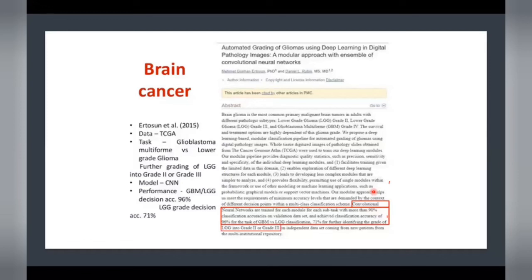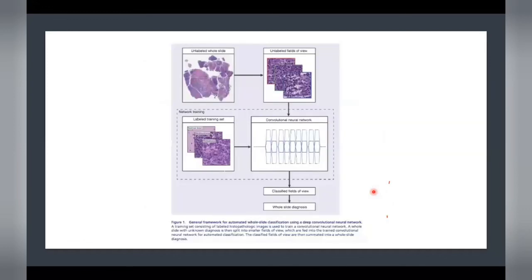So 96% of the time the machine was able to tell this is a GBM or this is an LGG. Now, further going down the line, he again supervised the algorithm to differentiate between grade 2 and grade 3, but that accuracy was 71%. Still, it's a good one. So this is another algorithm which exists, which can be used in your labs.